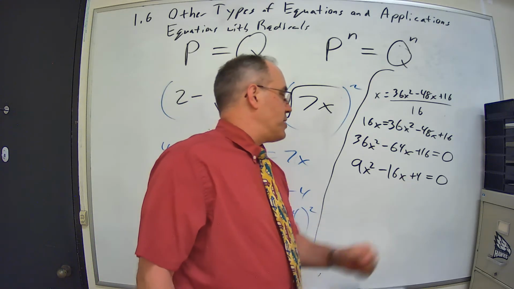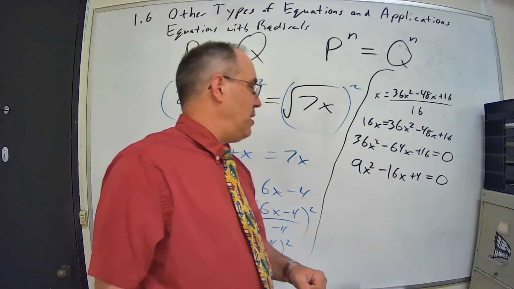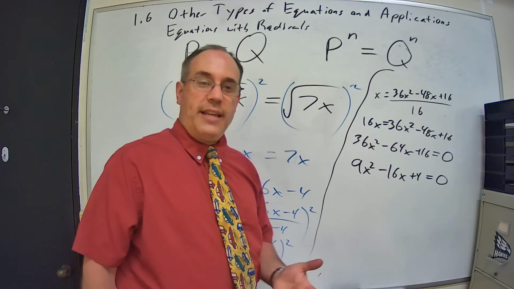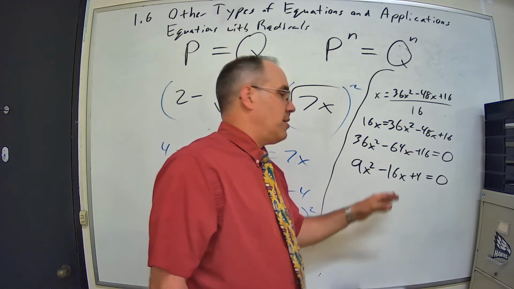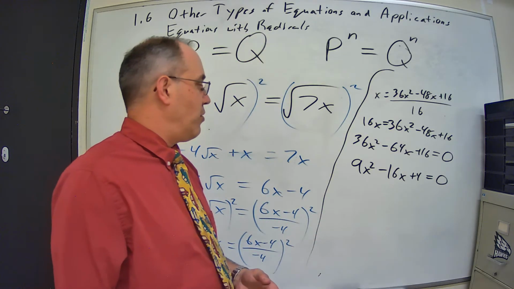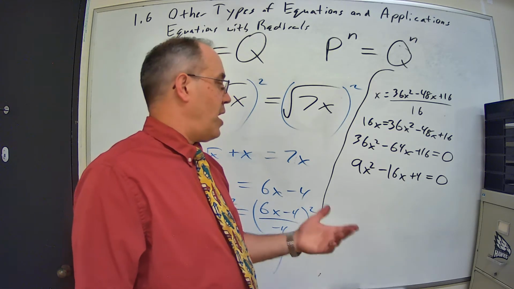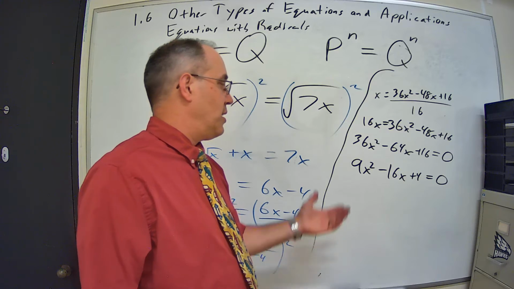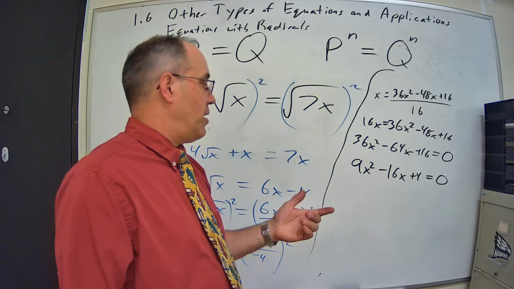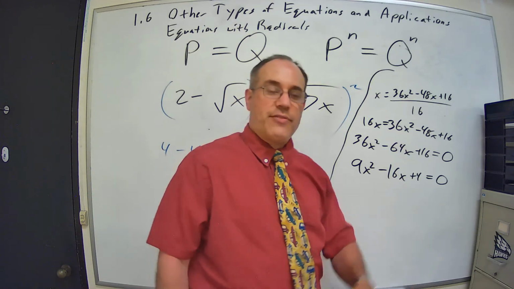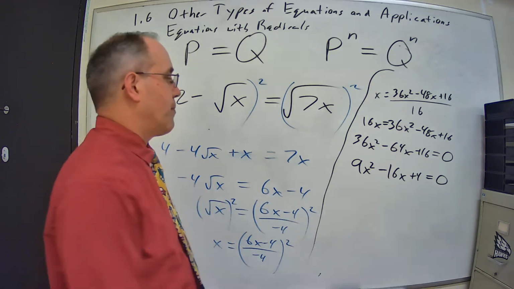So I need two numbers that multiply to positive 36 and add to negative 16, which means they have to be two negative numbers. 6 and 6 will give me 12, 9 and 4 will give me 13, 18 and 2, but they'd have to be, they're opposite, so that wouldn't work. So I think I'm going to have to use the quadratic formula. I'm just kind of thinking through which ones will work.